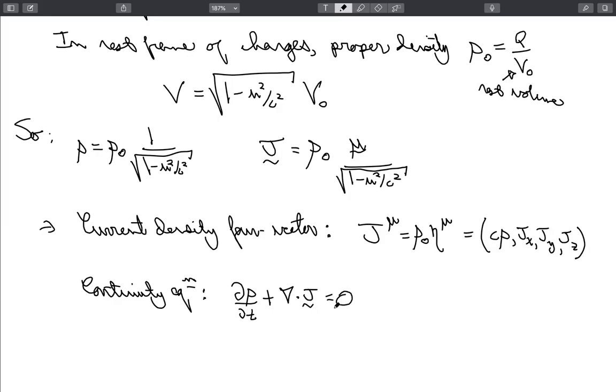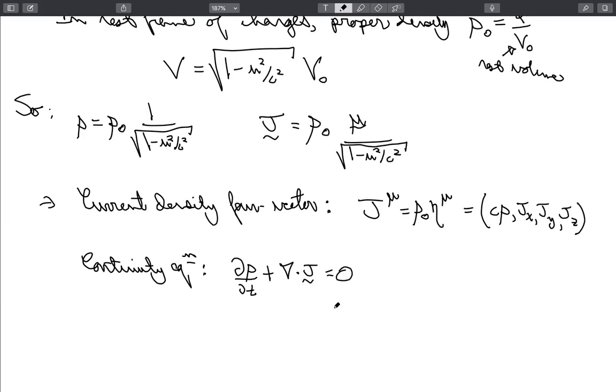So what does that translate into here? Well, if I take the derivative of J mu with respect to x mu, equal to 0, I would get the right thing.